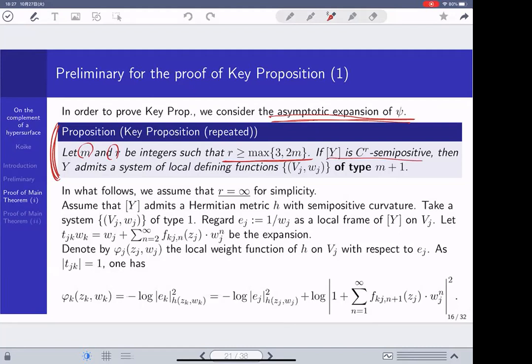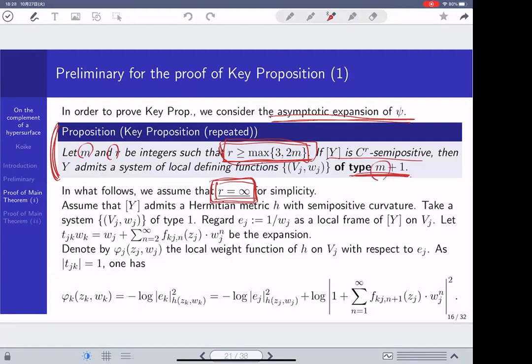And we want to show that Y admits a system of local defining functions of type m plus 1. But in what follows, just for simplicity, we always assume that r is infinity. So this inequality always holds. And we run induction only on m.